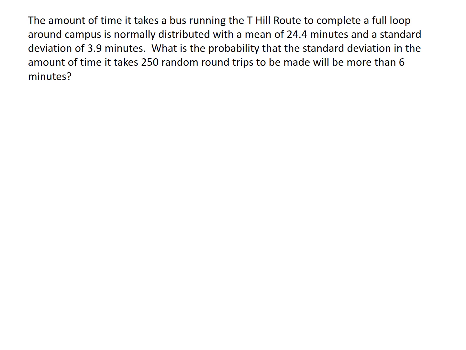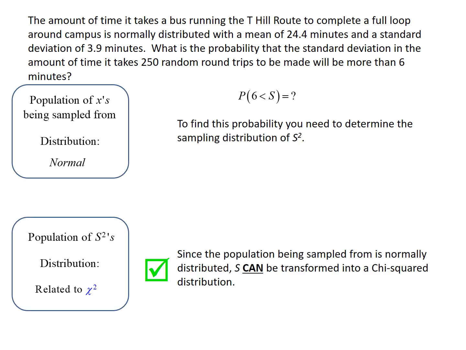So the standard deviation is S. So we want the probability that S is greater than 6. So we already know that this distribution is normal, therefore S and S squared are both directly related to a chi-square distribution. So we can transform our value into a chi-square score.